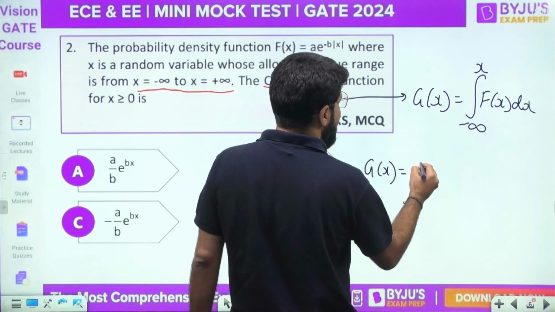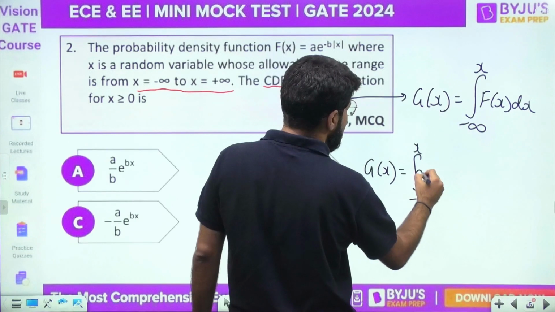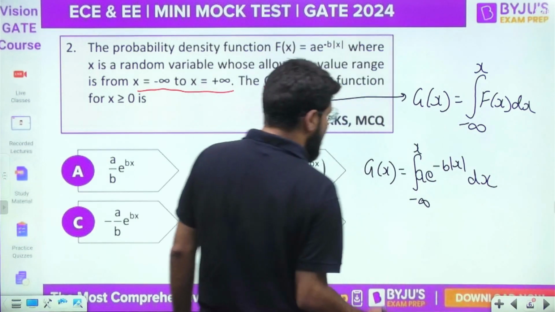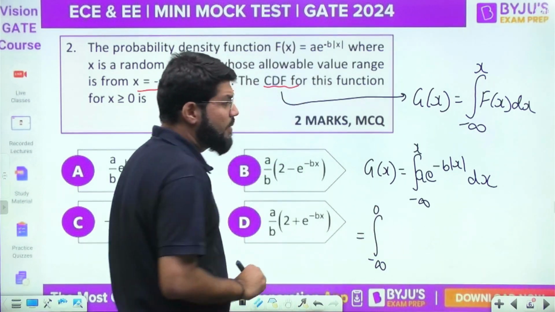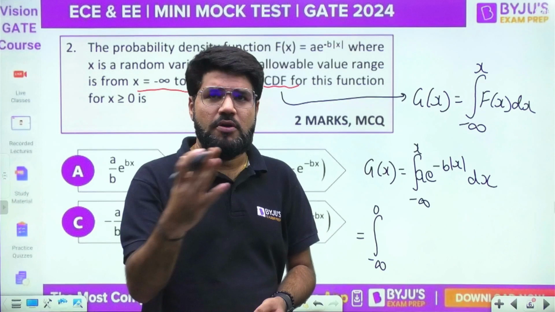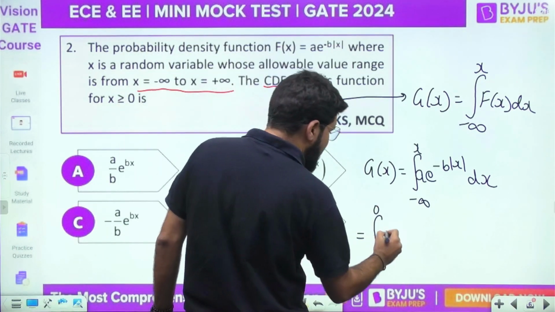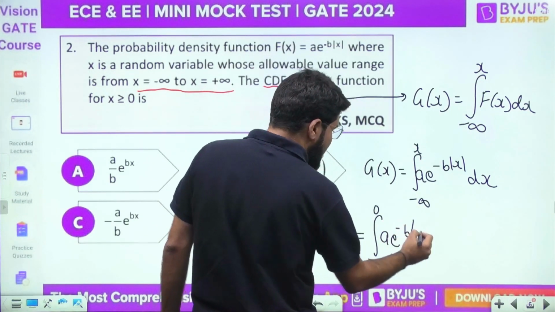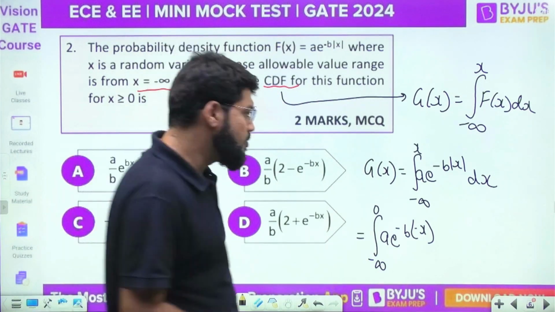That is the integral from minus infinity to x. Place down the value of f of x, that is a e raised to the power minus b mod x dx. So now this is equal to the integral from minus infinity to 0, because the modulus function is there, so I have to break it according to positive or negative limit. Minus infinity to 0, a e raised to the power minus b mod x; for negative values of x, mod x is equal to minus x.